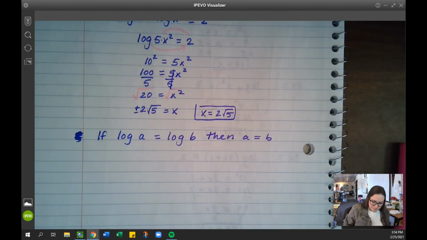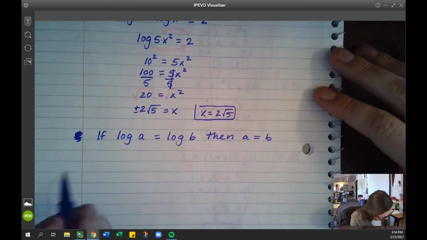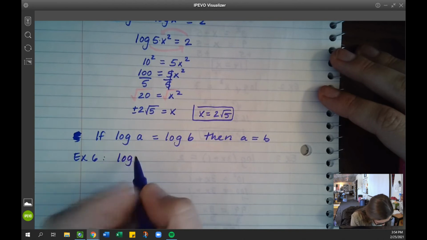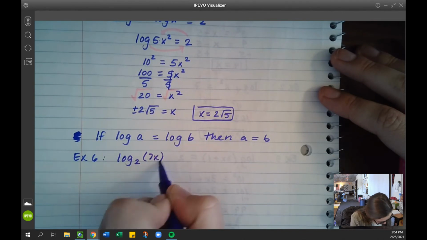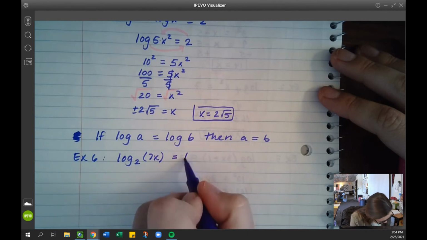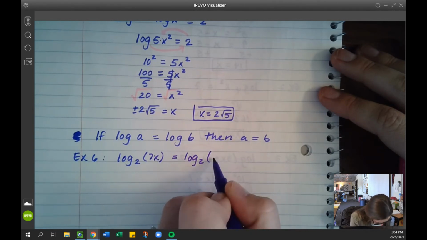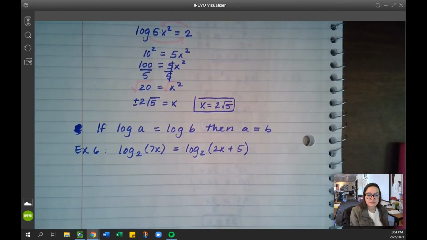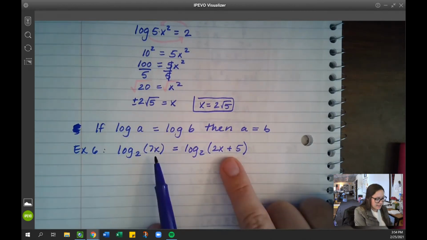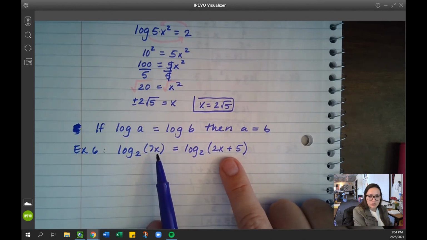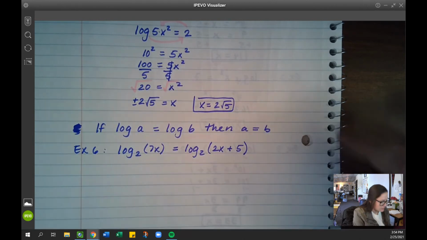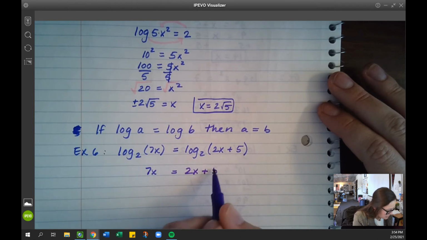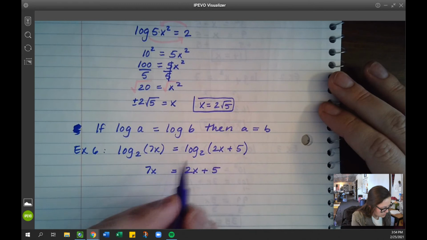So for example, let's say I have, example 6, log base 2 of 7x equals log base 2 of 2x plus 5. What that means is that these two things must be equal. So my equation can literally just be 7x equals 2x plus 5. And now I can solve from here.